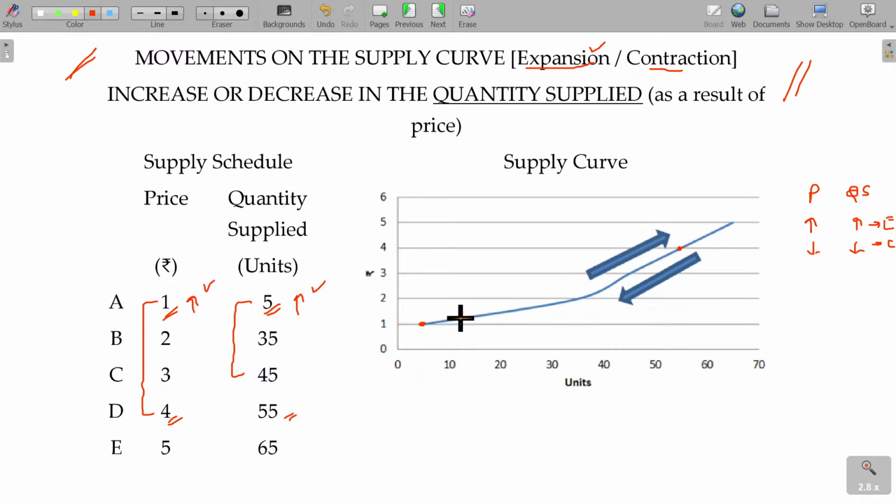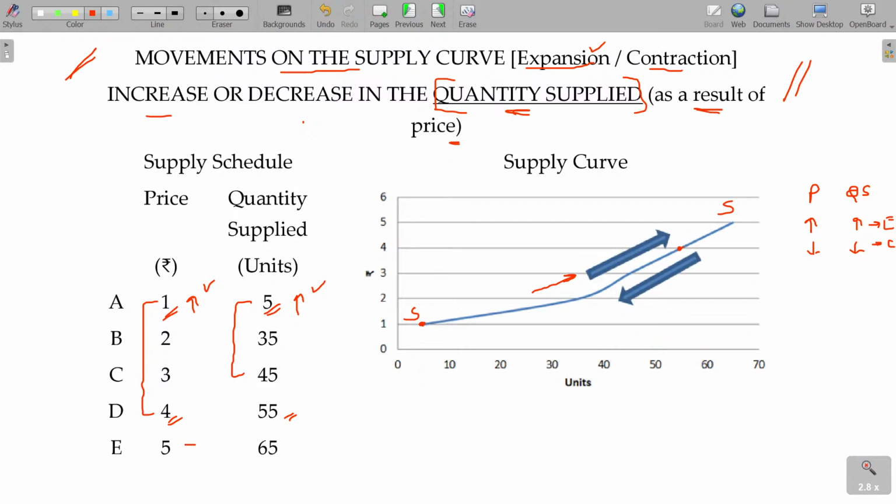This shows an upward movement, and that movement is along the supply curve itself, the SS curve. This is called movement on the supply curve: an increase or decrease in quantity supplied as a result of price.